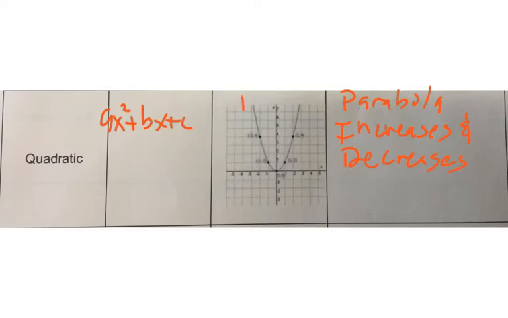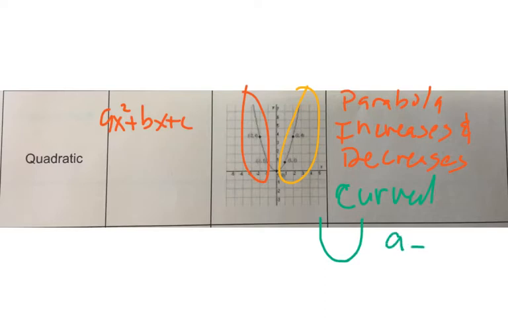You can see right here it's decreasing, right here it's increasing. So we'll do that in different colors. So it both increases and decreases. It is not linear, so it is curved. It is a smiley face when the a value is positive, and it's a frowny face when a is negative.